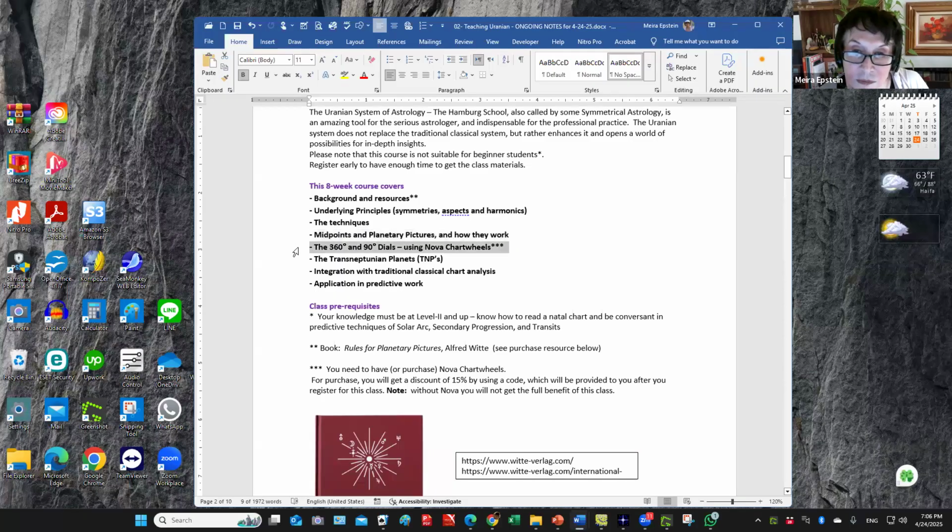Then the dials, 300, 360 and 90-degree dial, and the software that we use to run it. Then what's called the Trans-Neptunian planets. And this is not last, but very important, not least at all, integration with traditional classic chart analysis.